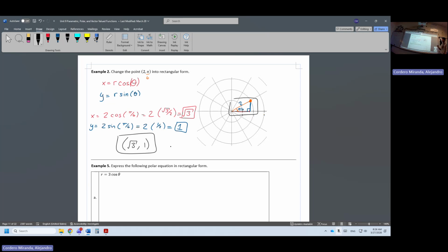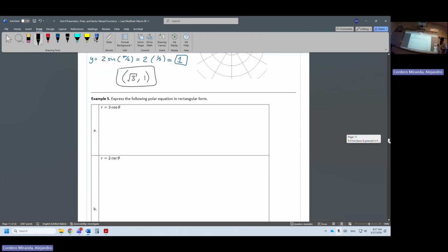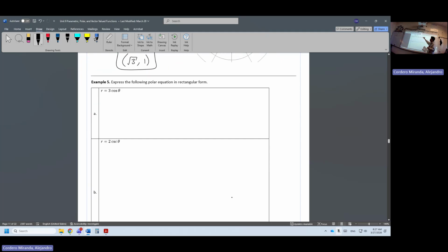But you can also, a lot of times, not always, express polar functions as rectangular functions. And for that, you need to remember the same two things. So that x is equal to r cosine of theta, that y is equal to r sine of theta.